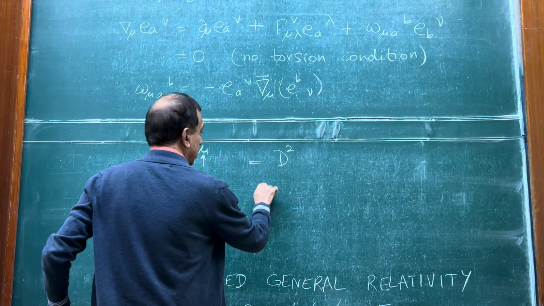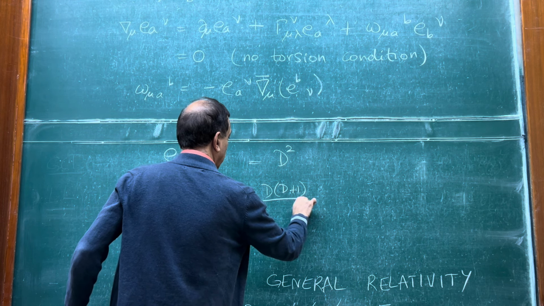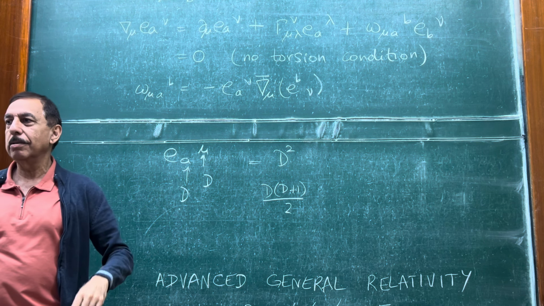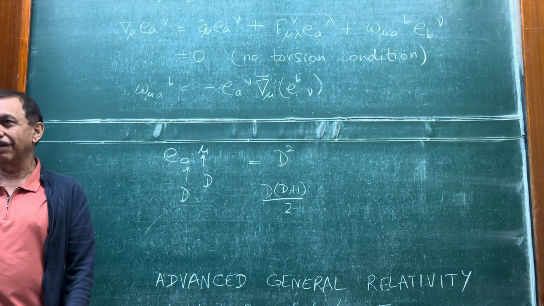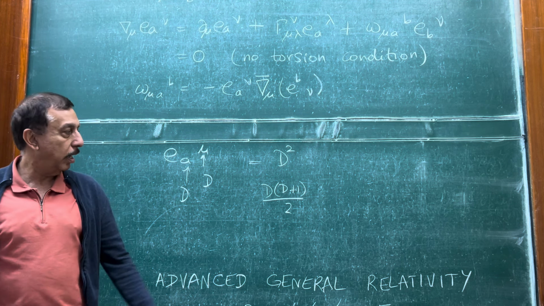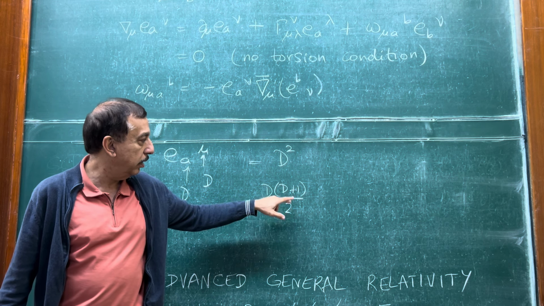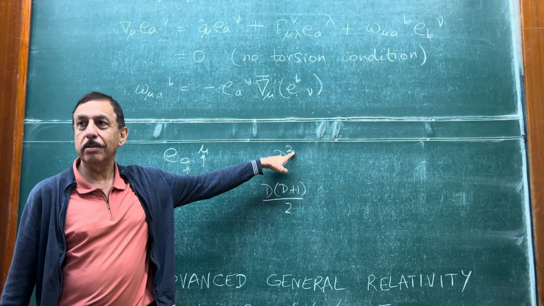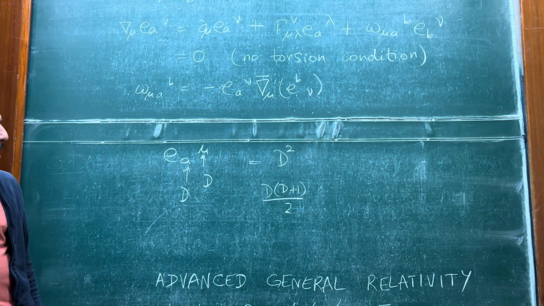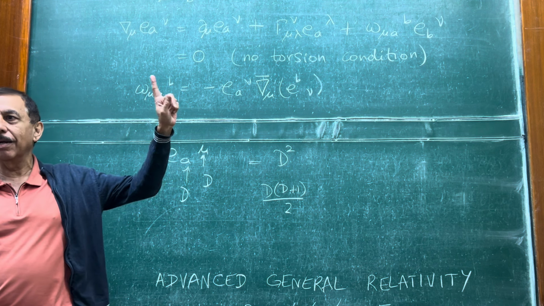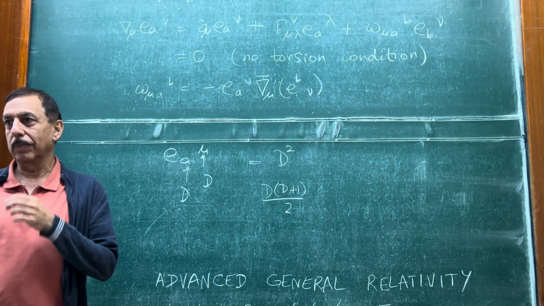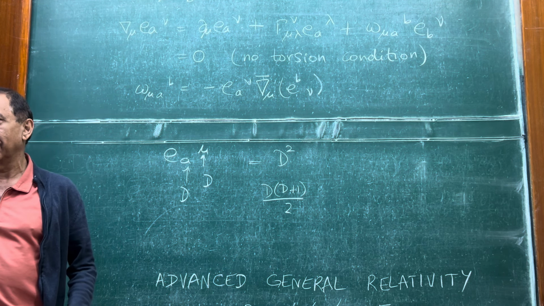The metric has d(d+1)/2 independent components, which is a lot less than this. So the frames contain something more. The exercise, which is very trivial and maybe some of you already know the answer, is: what is that some more information, and how can you show that it accounts for exactly the remaining degrees of freedom, if I subtract this from this, which is d(d-1)/2? This means that from the frames I can reconstruct the metric, but from the metric I can't reconstruct the frames. There's more information in the frames than in the metric.